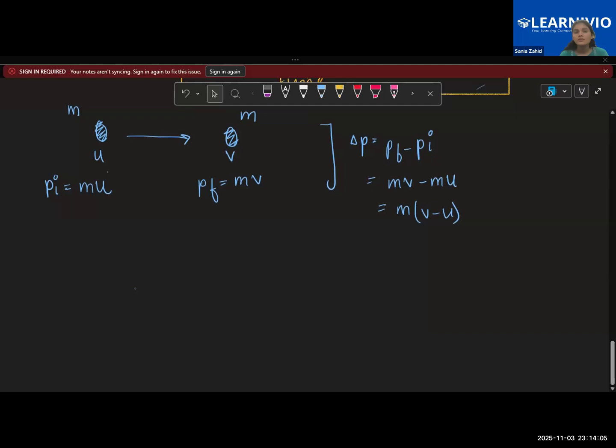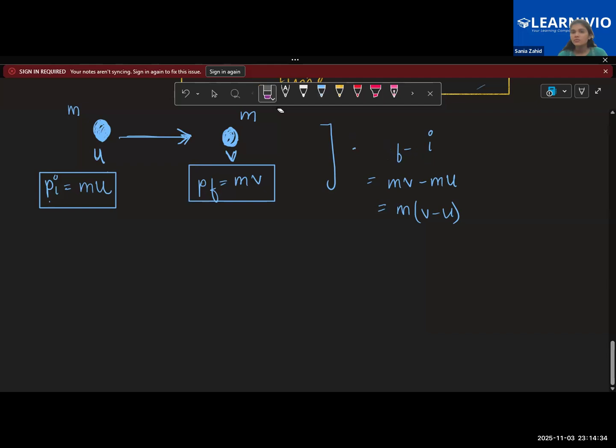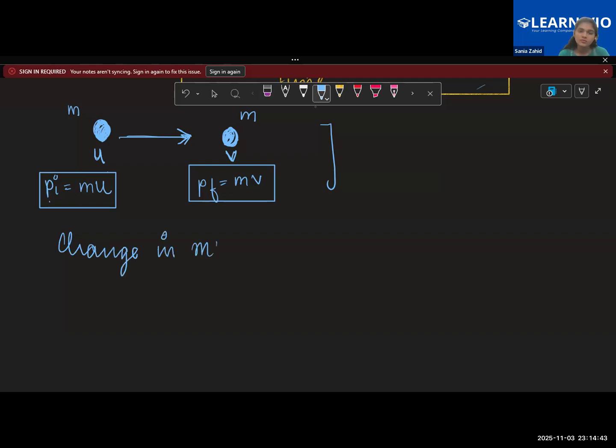See, what happens is this is an object. It has some mass m. This is the velocity with which it was traveling, so this is the initial velocity. Now the velocity changed. Mass will remain m only, and the final velocity is v. What is the formula for momentum? Mass into velocity. So the initial momentum will be mass into initial velocity. Final momentum will be mass into final velocity. What is the change in momentum? Change in momentum is final minus initial.